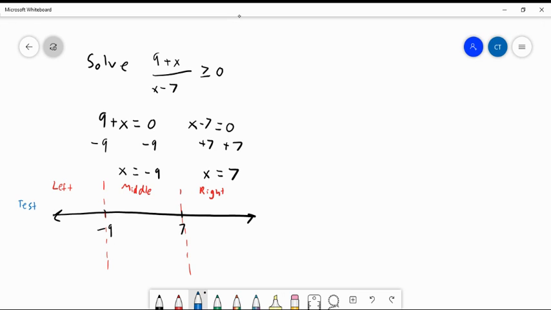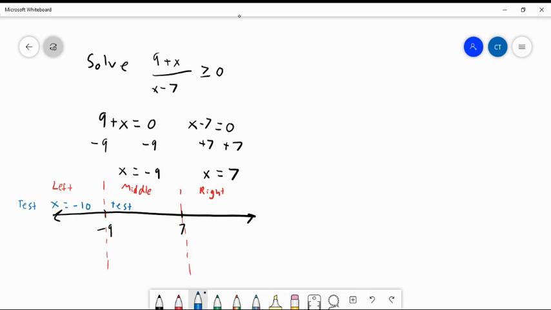So, pick any number that is less than negative 9. It does not matter which number you pick as long as it is less than negative 9. I'm going to pick x equals negative 10 as the test point for the left region. To find a test point for the middle region, we are going to pick any number between negative 9 and 7.